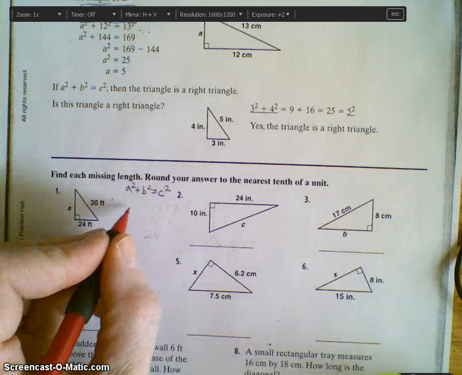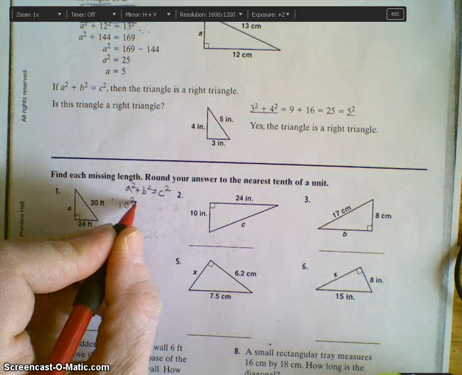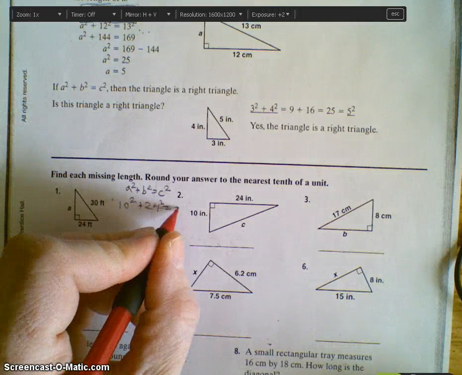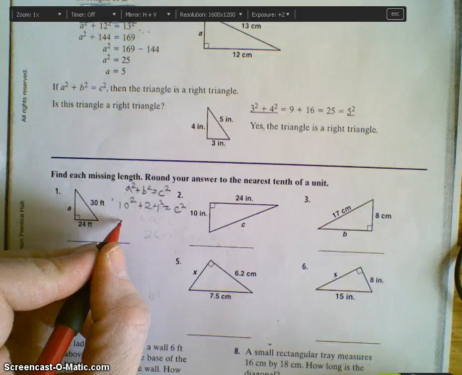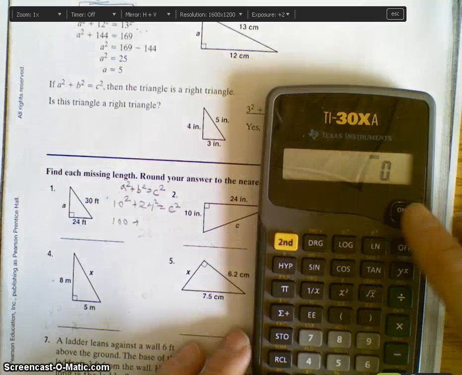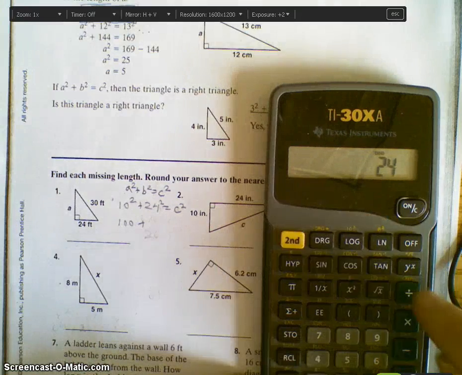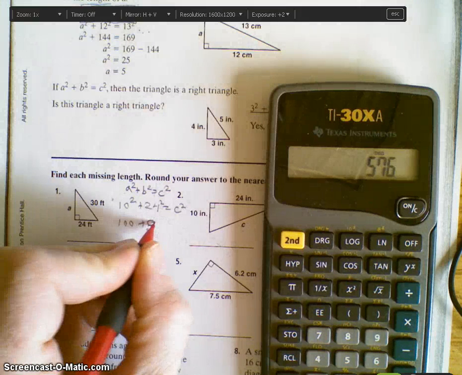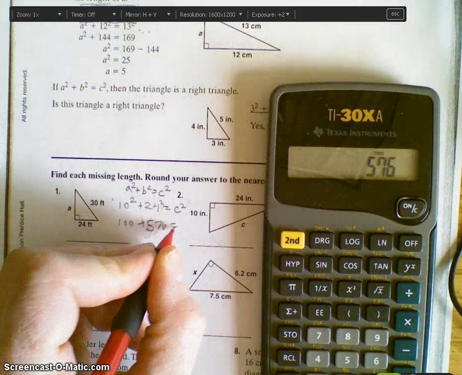So just going to plug in 10 squared plus 24 squared is equal to c squared. So this is going to be 100 plus, pull out our calculator, 24 squared is going to be 576. So that's going to be equal to c squared.